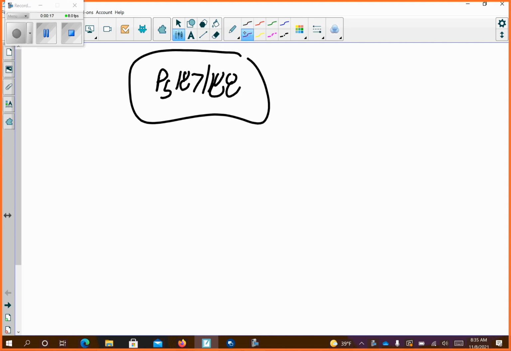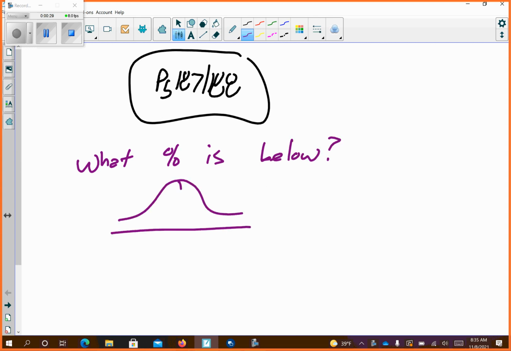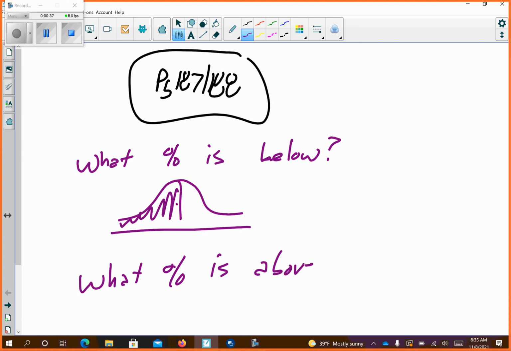So a few things just to know with the normal curve. When they ask what percent is below, and you're using the normal curve, that is this region. If they ask what percent is above, that would be this side.